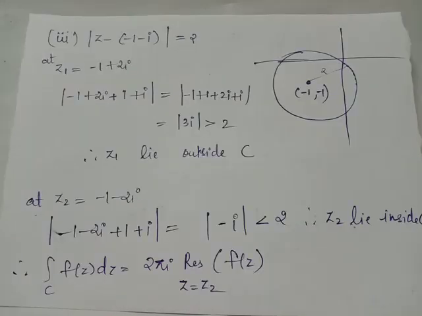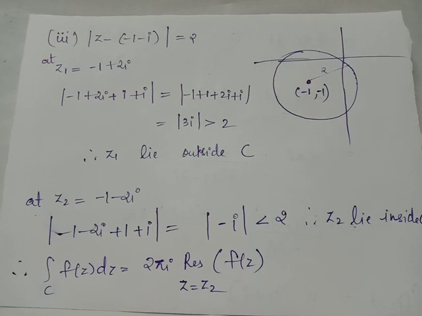In the third circle, modulus of z minus 1 minus i equals 2. We have center given by 1 plus i and radius equals 2. When you consider the first pole z1 equals minus 1 plus 2i, and evaluate modulus of z1 minus 1 minus i, you obtain modulus of 3i, which is strictly greater than 2.